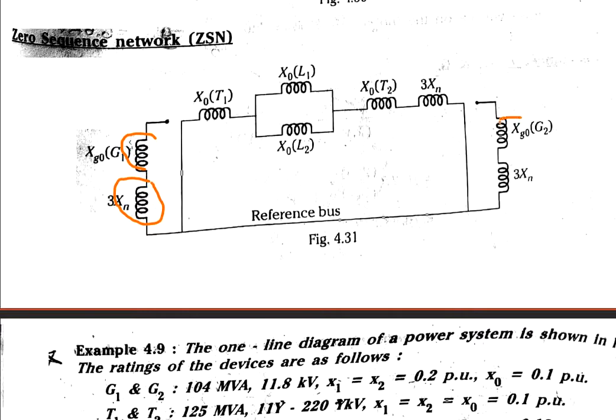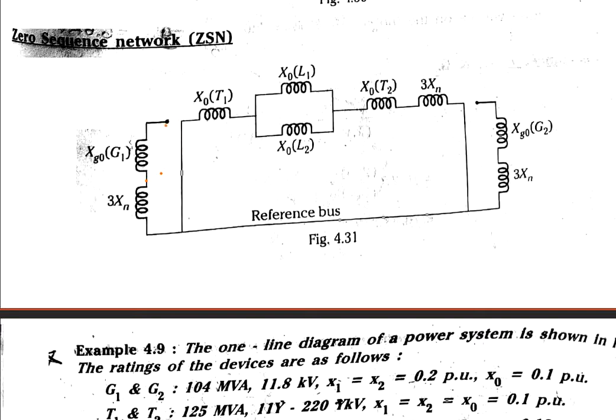Similarly for generator 2, if it is unconnected, or if my generator is just star connected, then it won't be there. It will just be open circuit. If you assume it is just star connected, not grounded, then at that time you need to make it open. Since it is connected to ground through a reactor, 3Xn will be used.